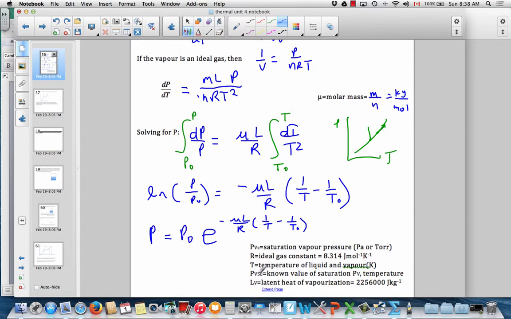They are a known value of the saturation vapor pressure and temperature. So really, I should have a few more subscripts here. P naught is the known saturation vapor pressure, and this is the unknown value a little bit further along the curve that we're trying to find. Okay, and this is the Clausius-Clapeyron equation.